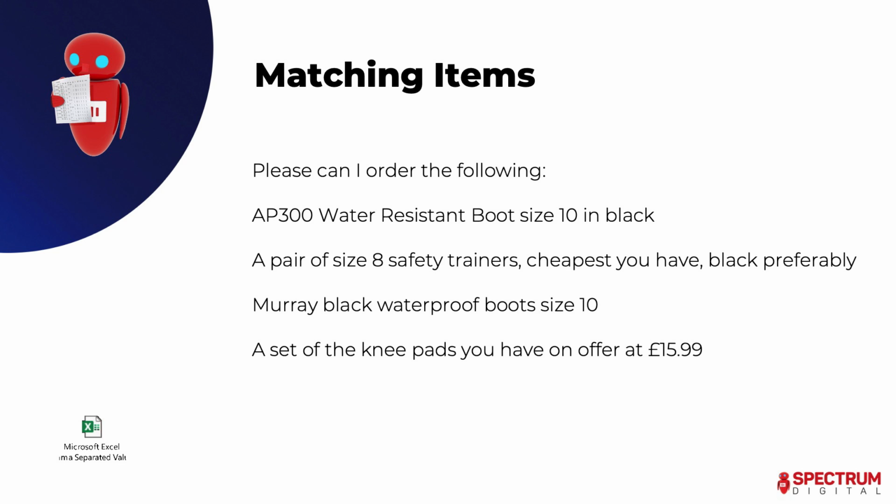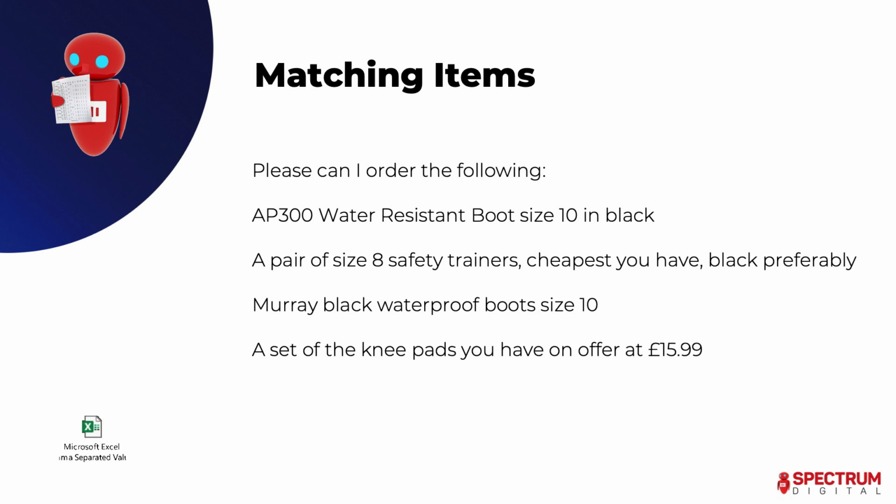So again, this is a very simple example of somebody trying to order some items in natural language. There's three or four items on there. It's water-resistant boots. One of the things that's going to be really critical is getting the size correct, and often we have product codes that are different for each size.